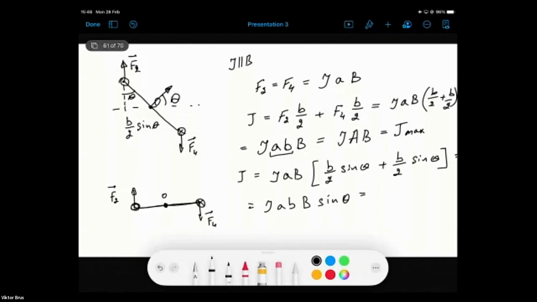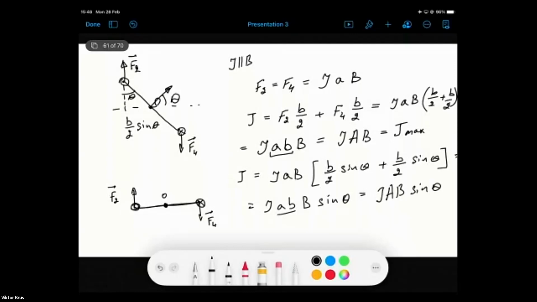And also this is the area of the current loop, so it will be I times A times B times sine theta.